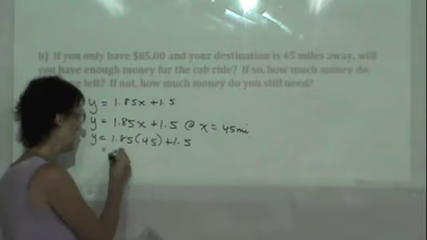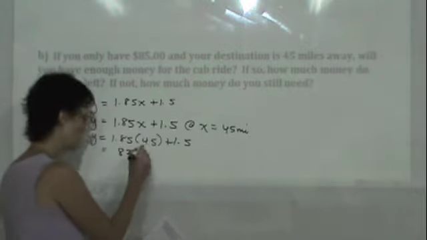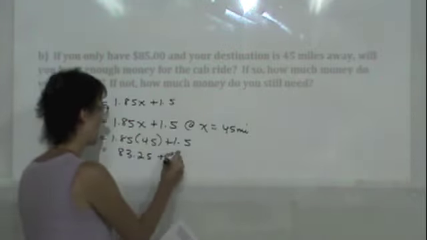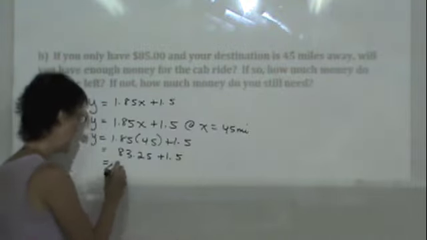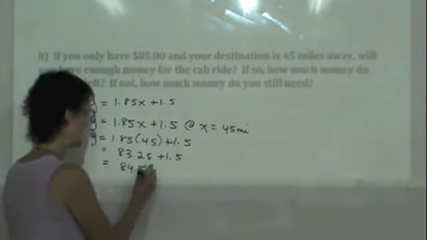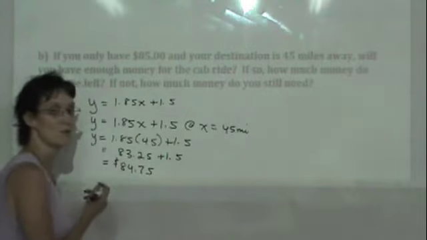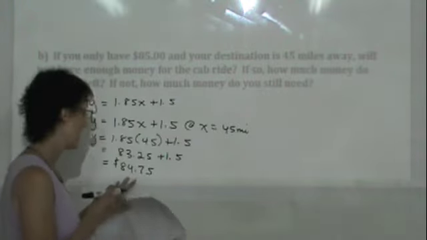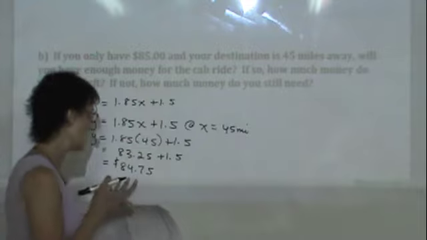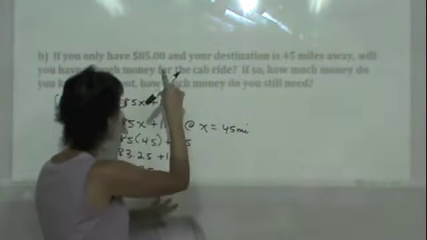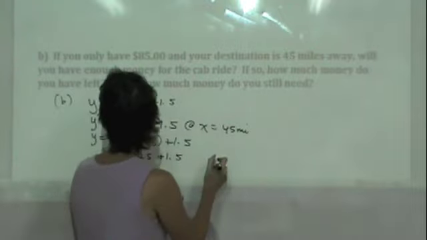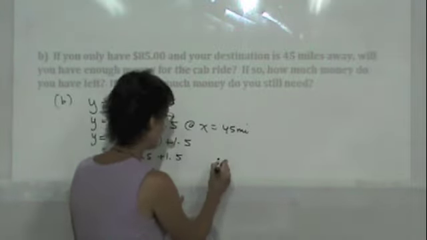So this is $83.25 plus $1.50. Okay, and that ends up being $84.75. So do you have enough money to get there? Yes, just by the skin of your teeth. Okay, so you have $85, do you have enough money to get there?